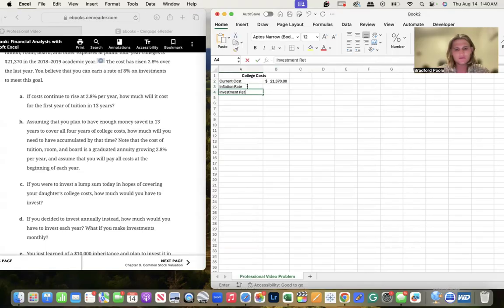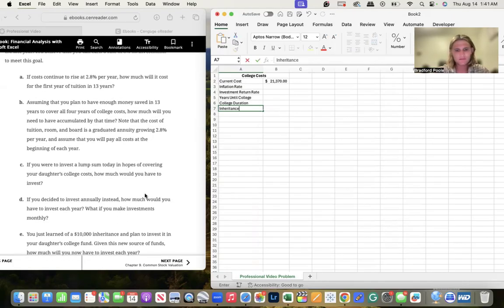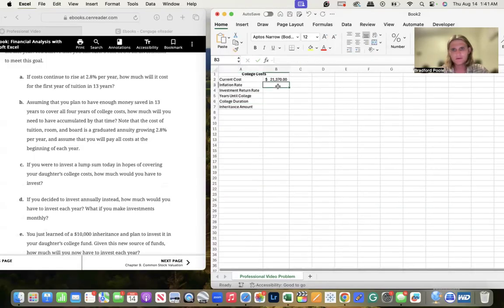Investment return rate, years until college. College duration is going to be important. And she also gets a $10,000 inheritance at the end there. So let's add that. All right, let's just enter this information really quickly.